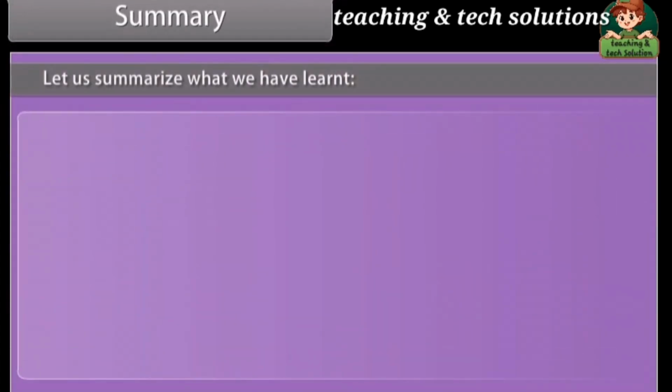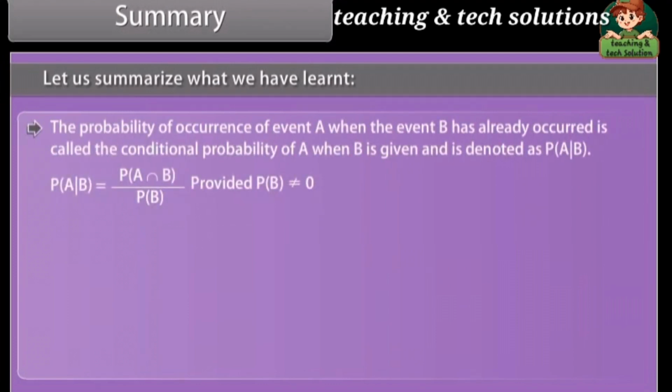Summary. Let us summarize what we have learned. The probability of occurrence of event A when the event B has already occurred is called the conditional probability of A when B is given. Probability of B when B is given is equal to 1.